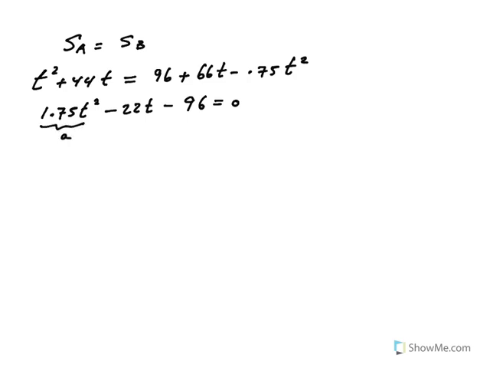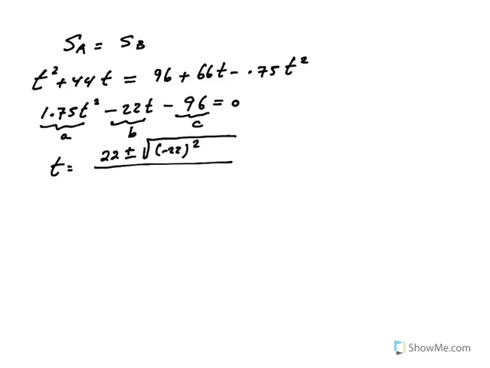This is a, this is b, and this is c, right? So t equals minus b, so that's positive 22, plus or minus the square root of b squared minus 4ac, which actually happens to be a positive outcome, divided by 2a.